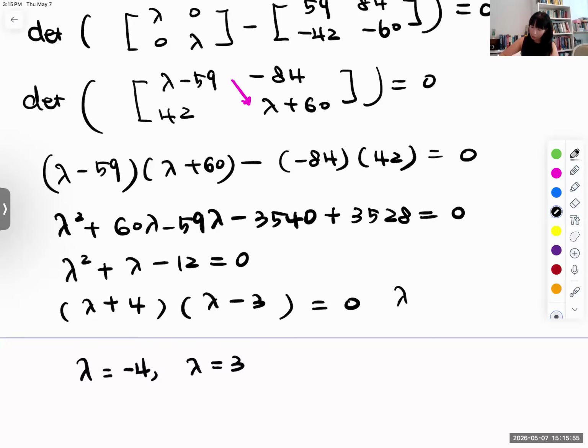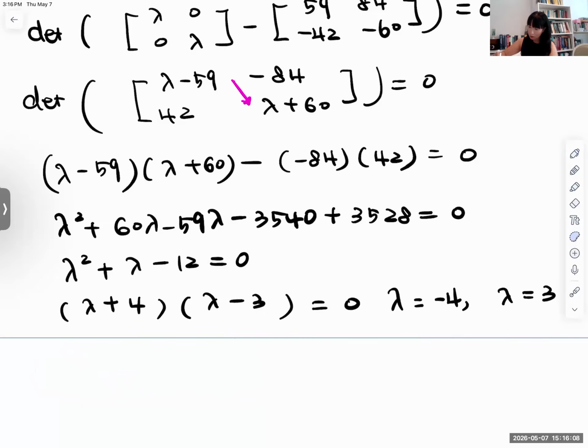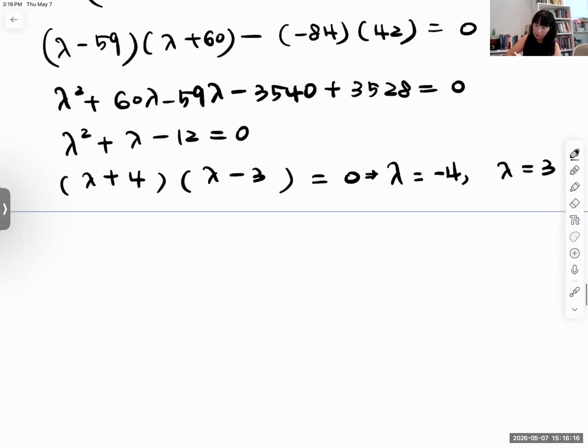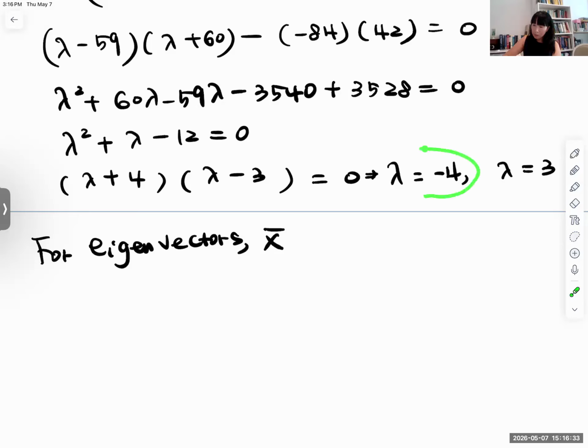Okay, so let's find the eigenvectors. For lambda equal to negative 4, we have the form lambda I minus A times x equal to 0.